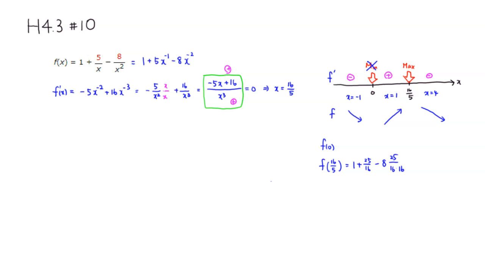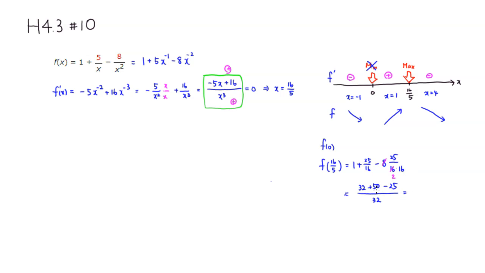So we have 8 and 16 cancel out, so it's going to be 2 there. Now we can find the common denominator. That will be 16 times 2, so it's going to be 32. So 1 is going to be 32 over 32. For 25 over 16, we multiply top and bottom by 2, so it's going to be plus 50 over 32, minus 25.